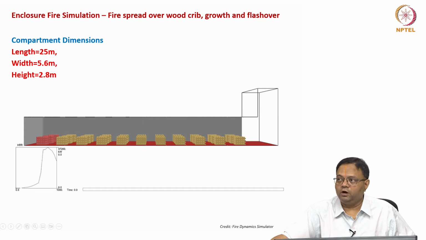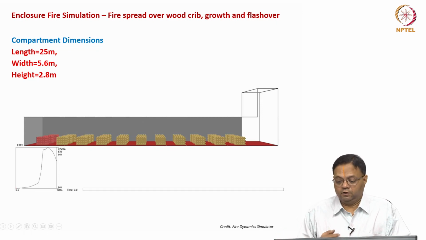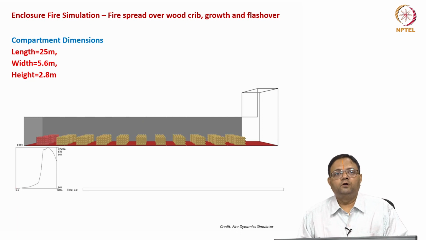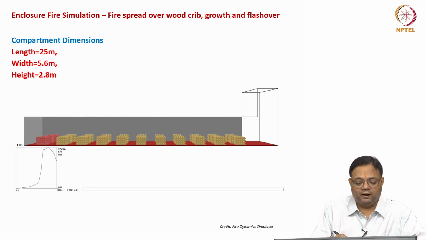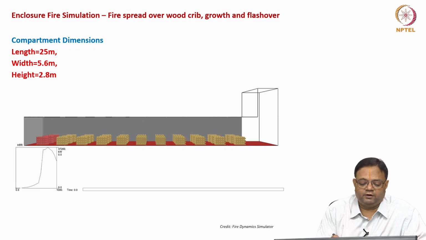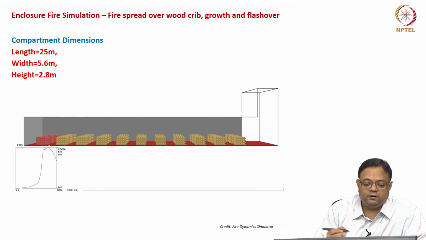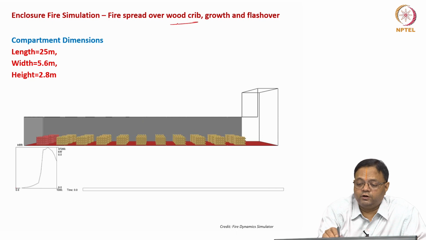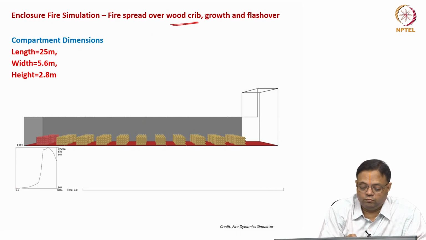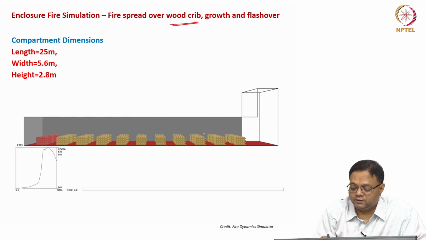Now the third case study. Again it is an enclosure fire, but not in a room. It is like a storage facility, where you have wooden grips stored at a given separation distance between them.